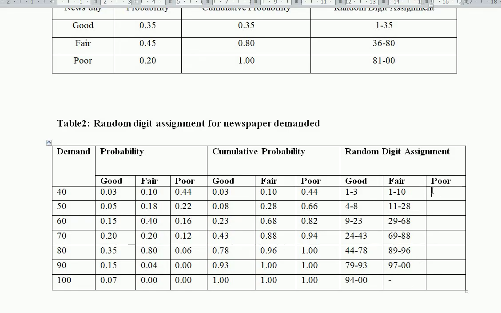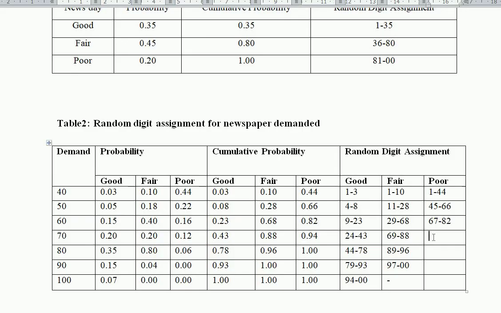Now the poor distribution. So 0.44 is there, so values from 1 to 44. Again, from 45 to 0.66, so 45 to 66. Again, the next value is 82, so from 67 to 82.